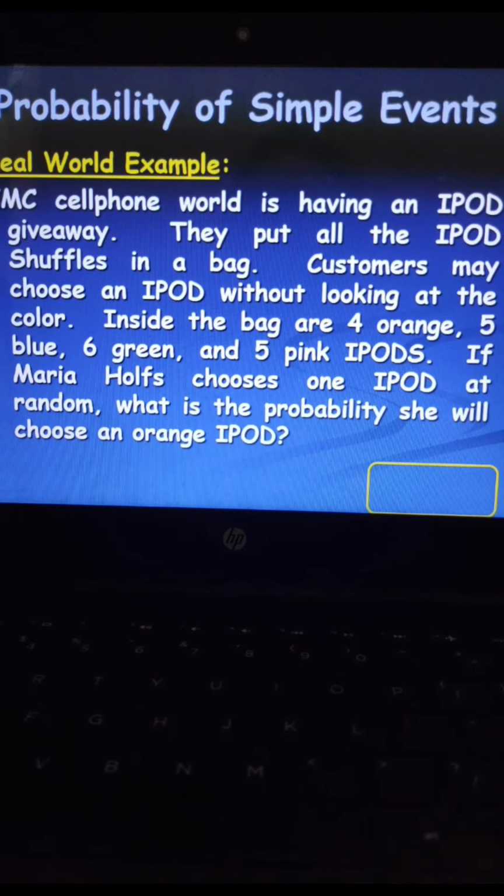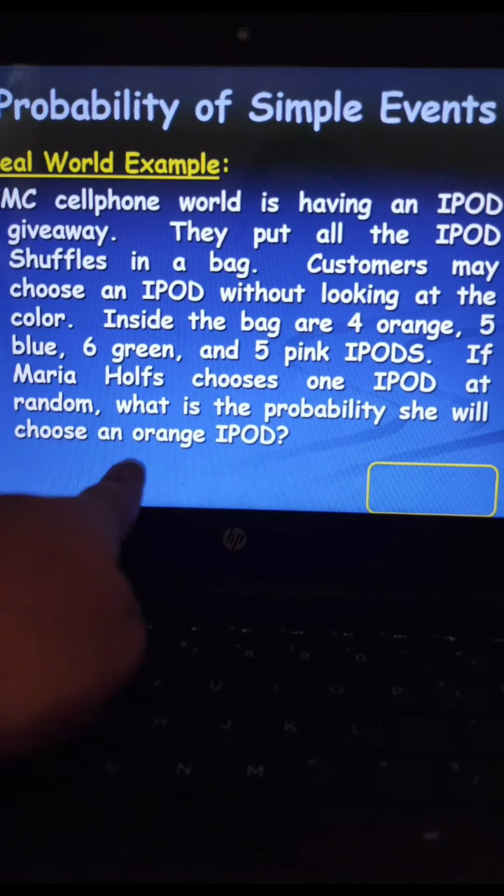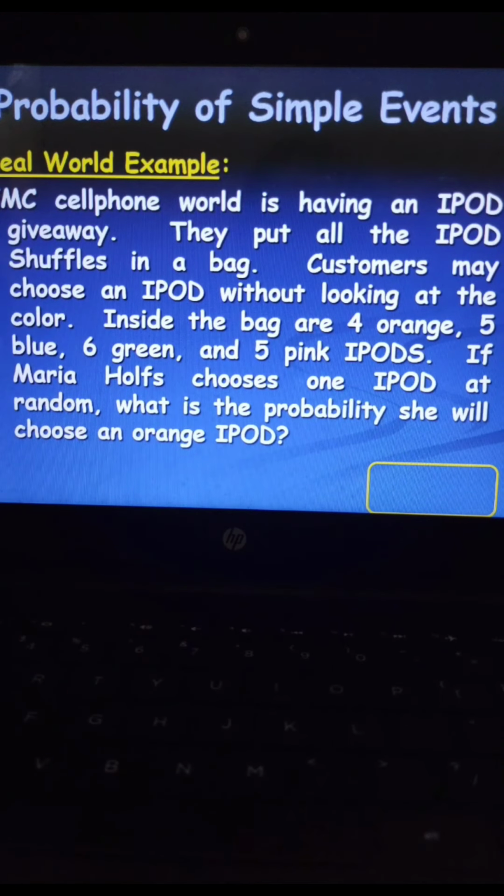Now let's go back to our first, real-world example about the iPod giveaway. The question is, what is the probability she will choose an orange iPod? Applying what we discussed, the probability of an event is the number of favorable outcomes over the number of possible outcomes. The favorable outcomes are the orange ones.